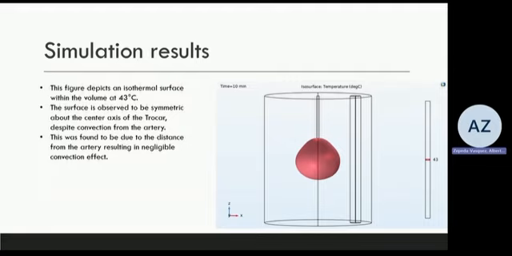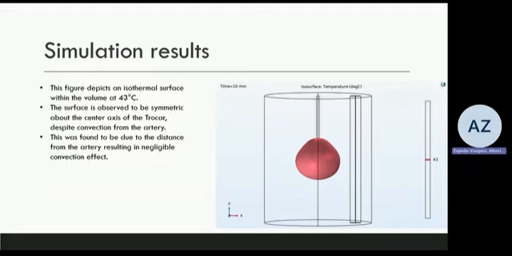With this, we highlight the distribution of heat at approximately 43 degrees Celsius, as it can be observed in the image. We have a symmetrical volumetric change based on the center axis of the trocar, despite the convection from the artery.